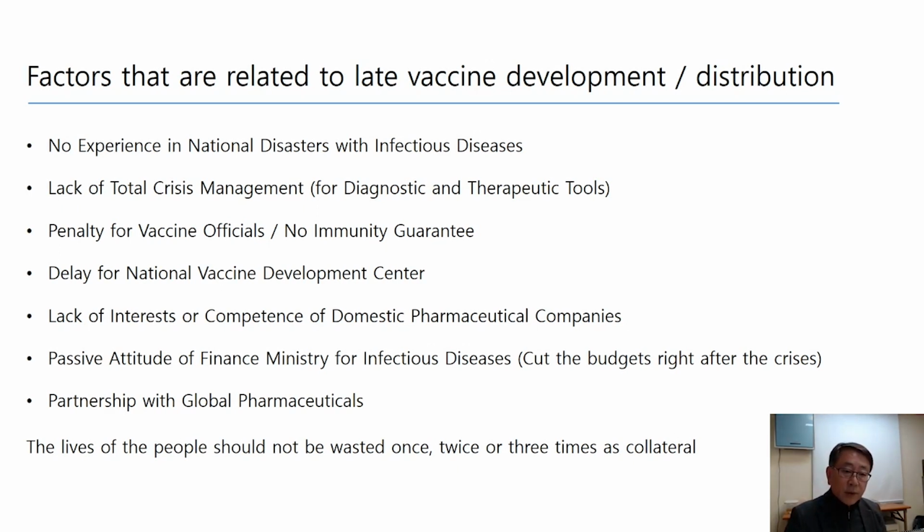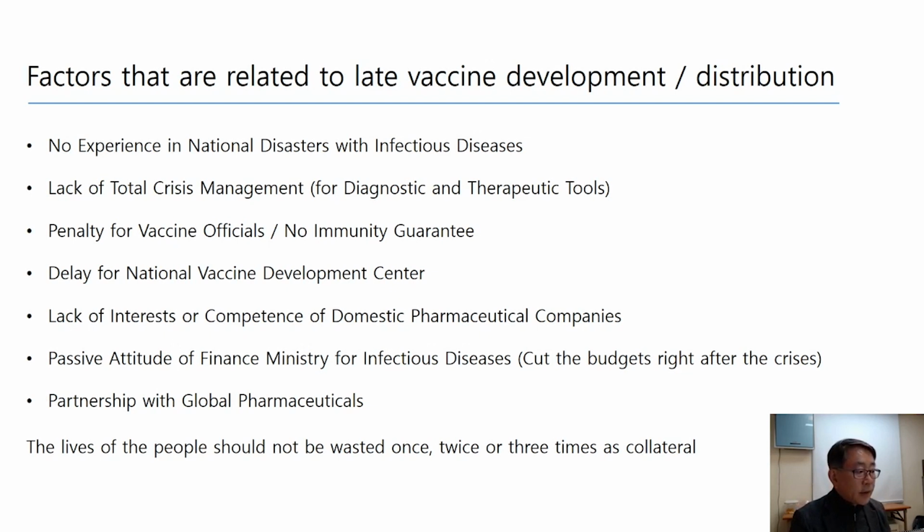When there are pandemic outbreaks, the finance ministry tries to increase financial support. But after the crisis is over, the budget disappears. And so people in the vaccine field cannot maintain their research capability or infrastructure.